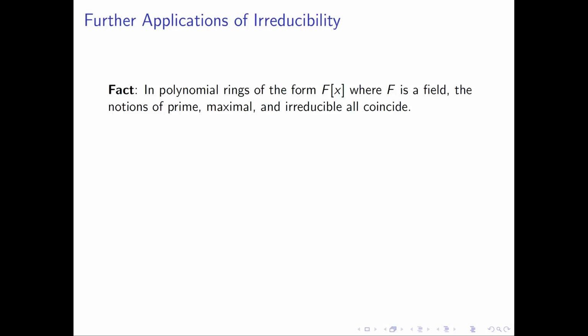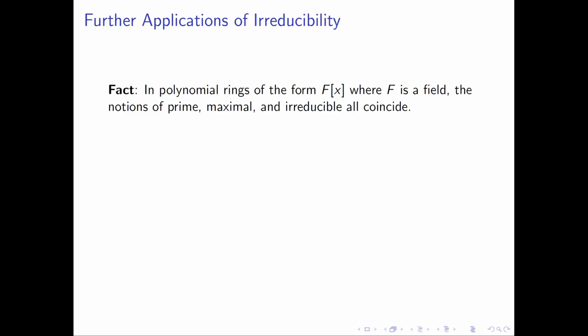And normally they mean different things. However, when you work inside a polynomial ring of the form F adjoined x for F a field, all of these definitions coincide. And so, for instance, working inside of the polynomial ring F adjoined x, an ideal is prime if and only if it's maximal. Things of that nature, which is not true in general, but is true when you work inside of polynomial rings.